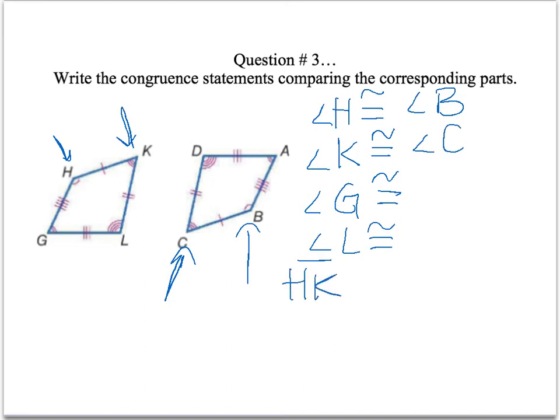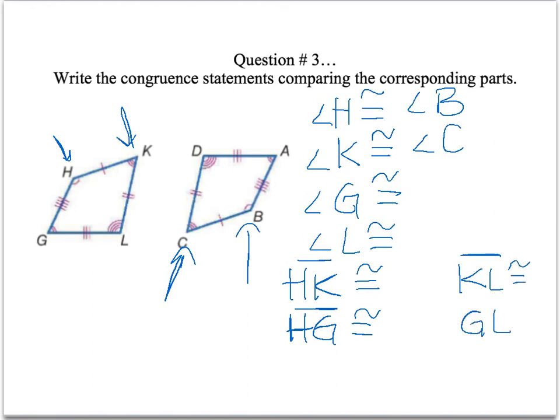You have HK and HG. You have KL and GL. And HK, because it has the 1 hash mark, and so does BC, that means that BC is congruent to HK.